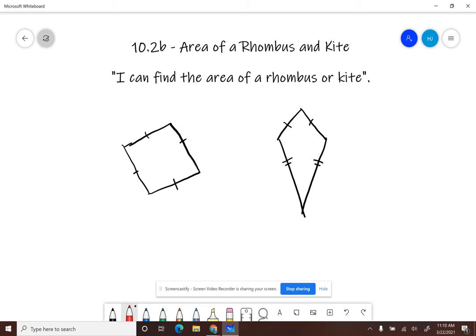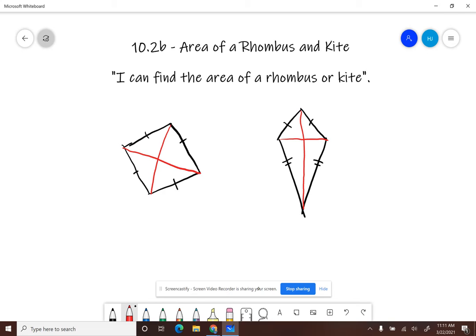However, when you start talking about the diagonals of a rhombus and of a kite, there's some interesting things that happen here. And again, forgive me, but I'm doing my best to try to draw these out. And one of the things that happens is that the diagonals, especially with a rhombus, bisect each other, okay?